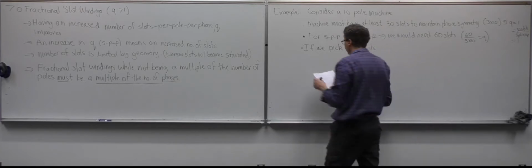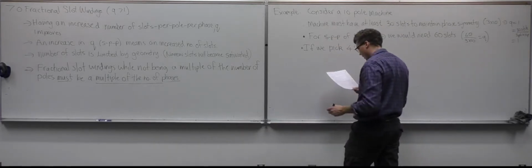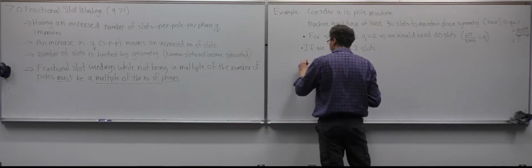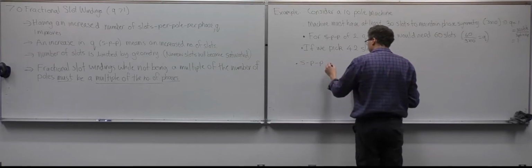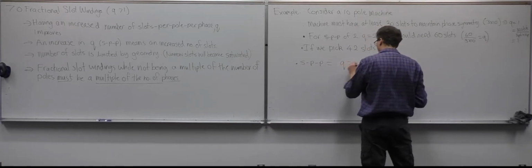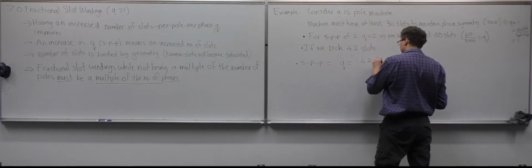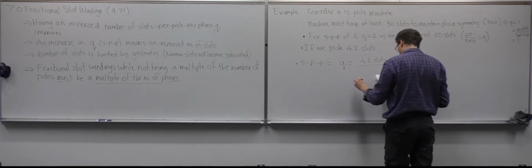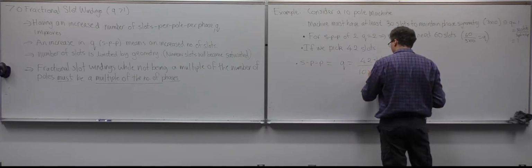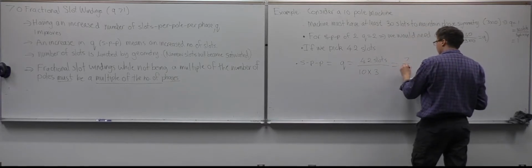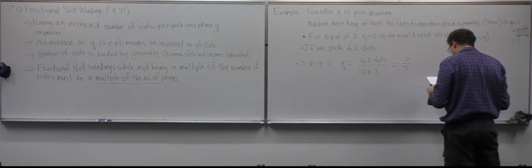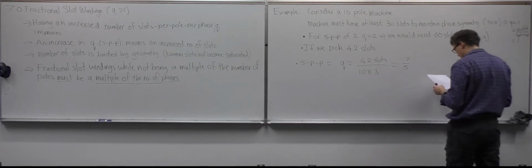If we had 42 slots, the slots per pole per phase would be 42 slots divided by 3 phases and 10 poles, which gives us 7/5 slots per pole per phase.